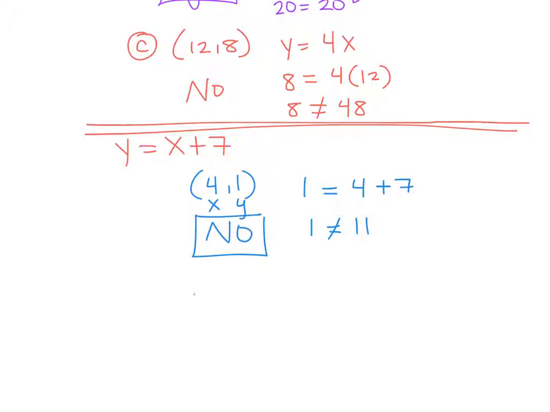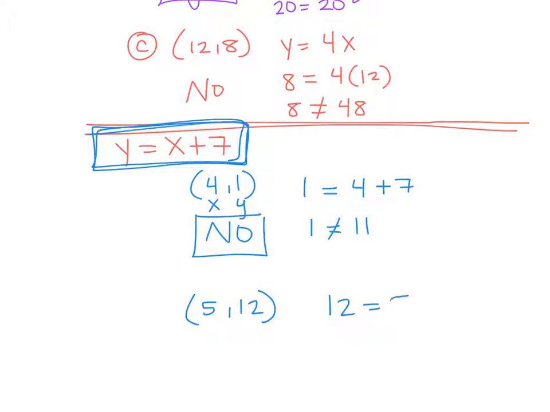How about, is the point 5,12 a solution to this same equation, that second equation we were talking about? That one is, right? You would say 12 equals 5 plus 7.